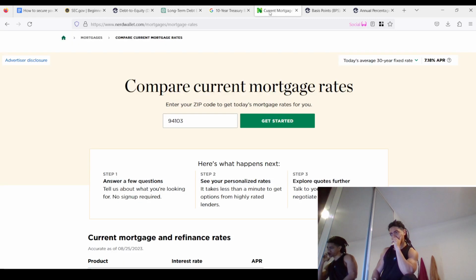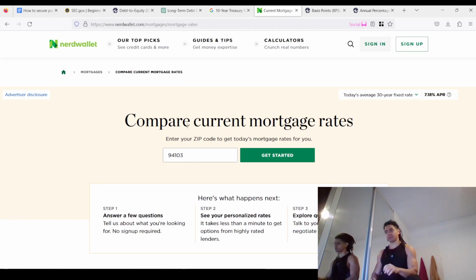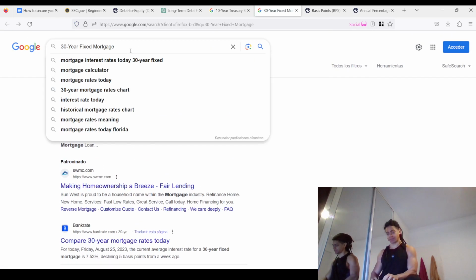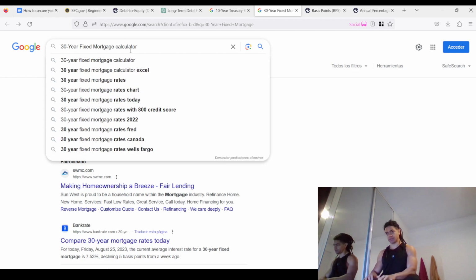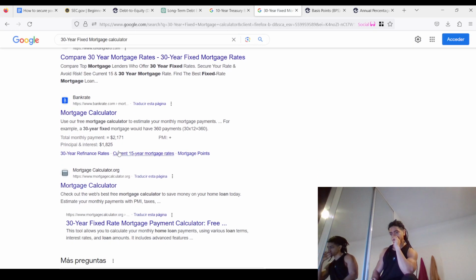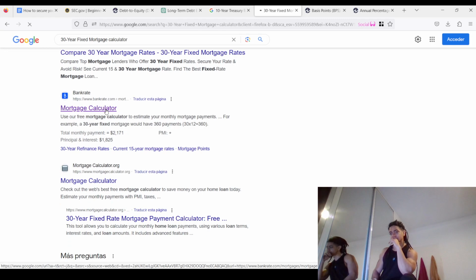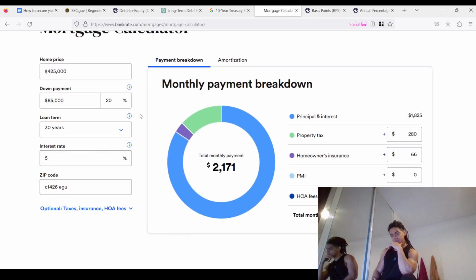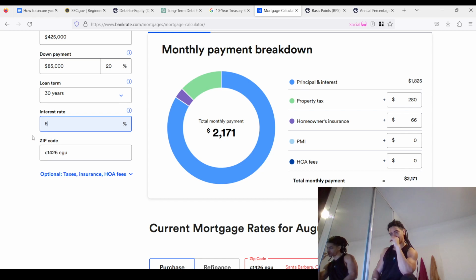Okay, for example, we'd like to have a calculator for this. Mortgage calculator: home price, down payment, 30-year loan, interest rate of 5%.